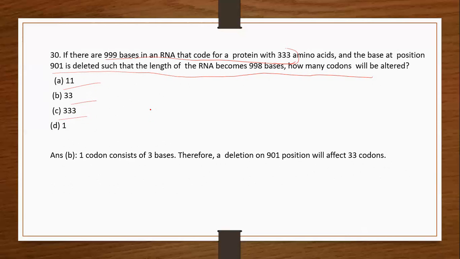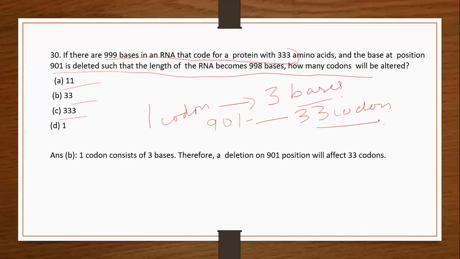Now, we know one codon codes for 3 bases. So a deletion at position 901 will affect 33 codons. So option B will be the correct answer.